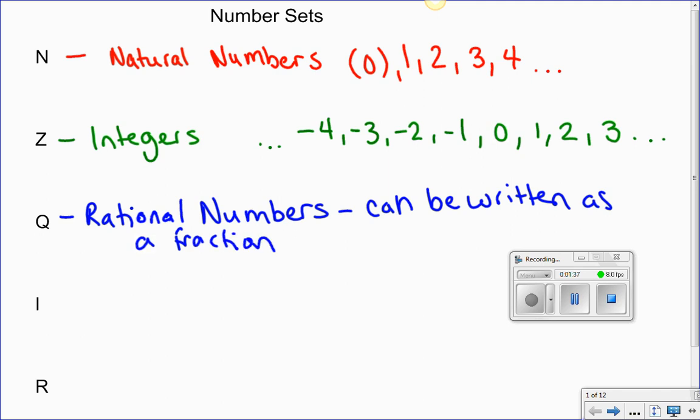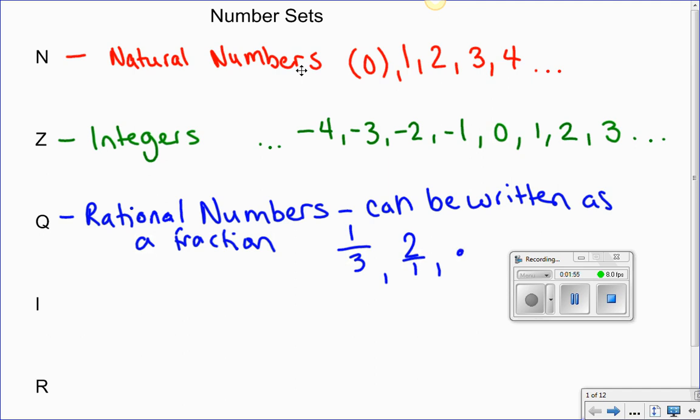So this includes common fractions. It also includes all of the integers and all of the natural numbers. Like the number 2 is an integer and a natural number. But we can write 2 as a fraction simply by putting it over 1, right?